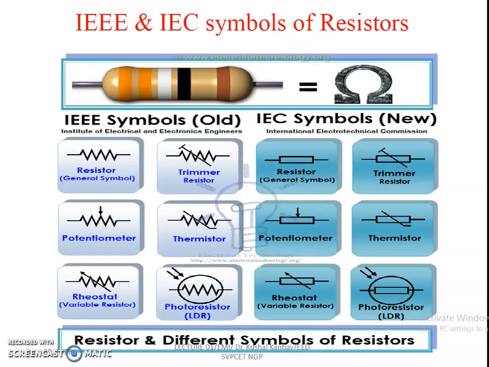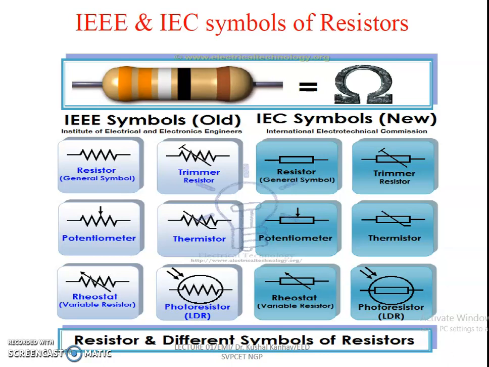These are different symbols of resistors according to IEEE and IEC. IEEE is Institute of Electrical and Electronics Engineers. This is a worldwide organization which deals with the applications and different research and development work in the area of electrical and electronic engineering.